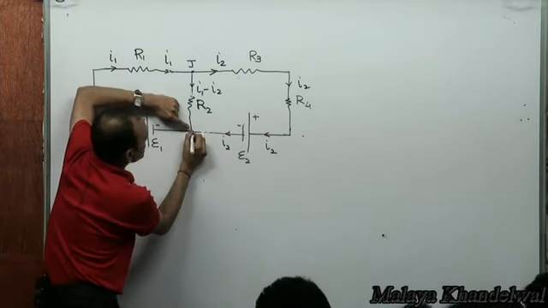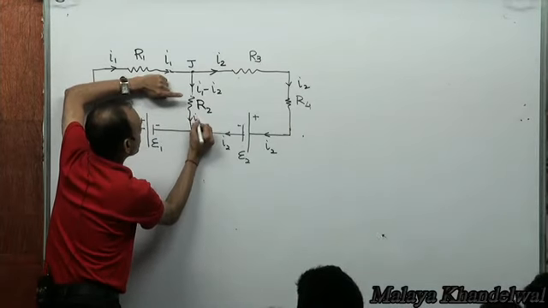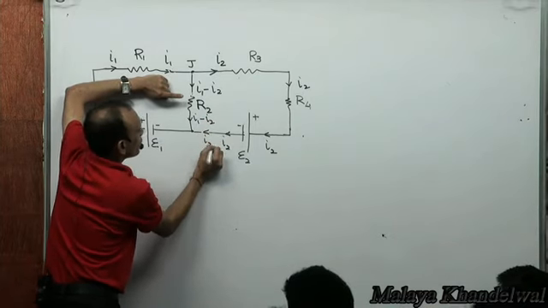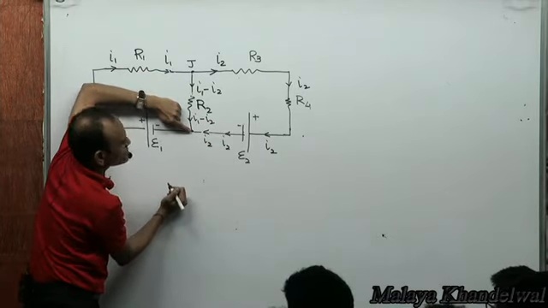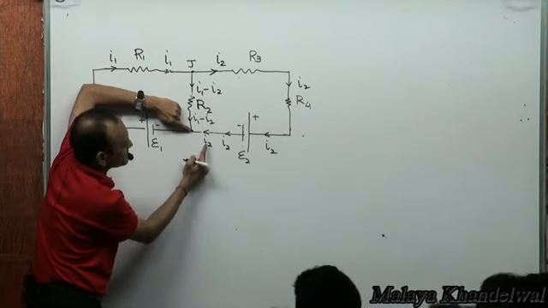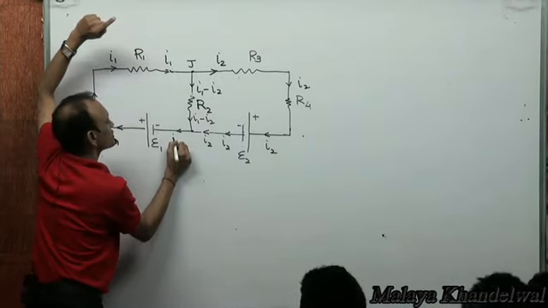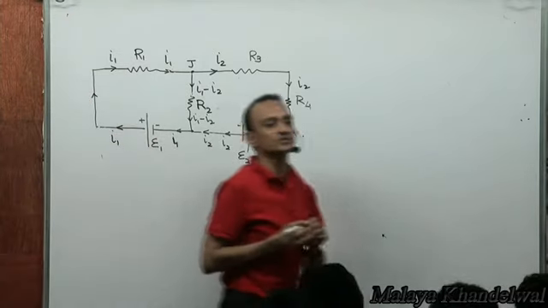I1 minus I2 comes here, I2 goes here. What's the total current entering this junction? I1, isn't it? So I1 must leave this junction.